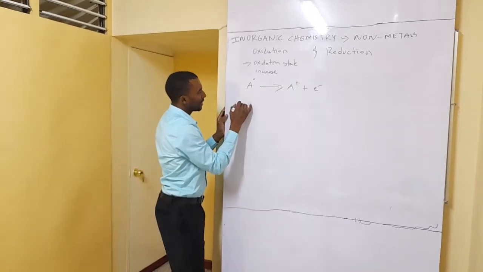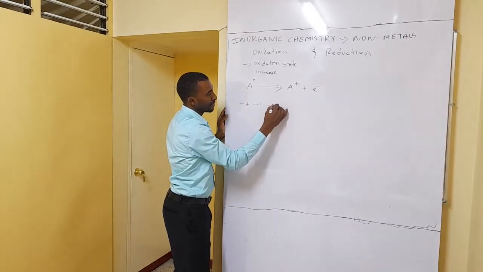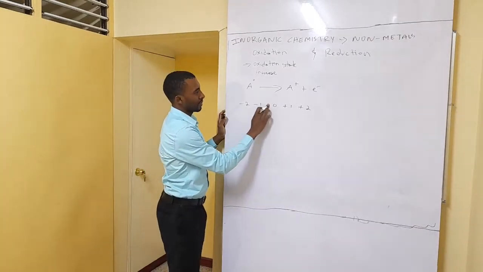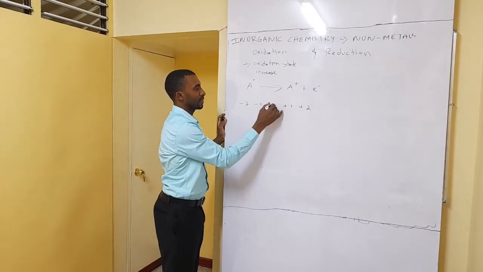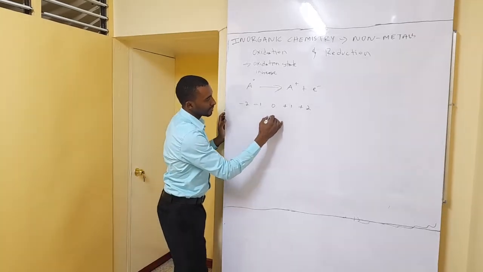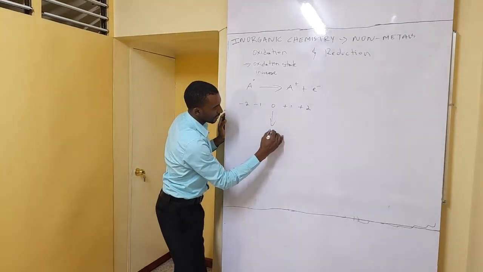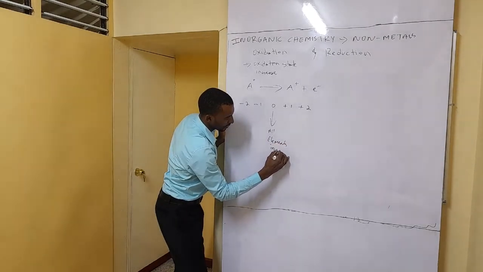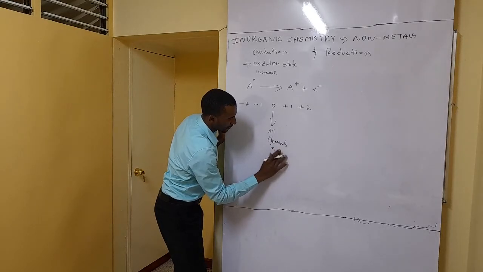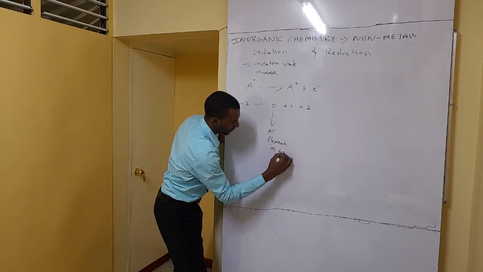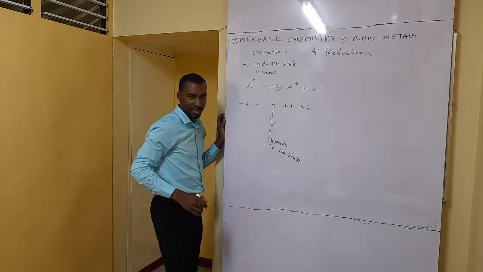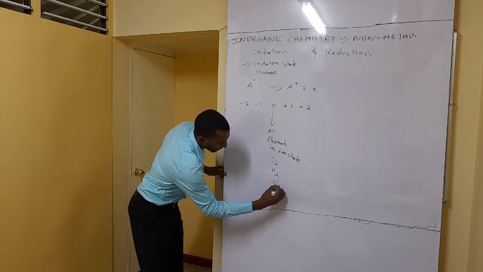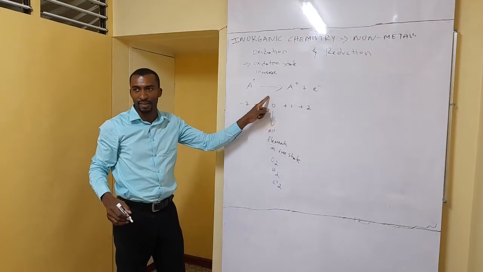So if we look at the number line: -2, -1, 0, +1, +2. Sorry, just 0, not -0, alright? All the elements in their free state, like oxygen, hydrogen, chlorine, they all have an oxidation state of 0.